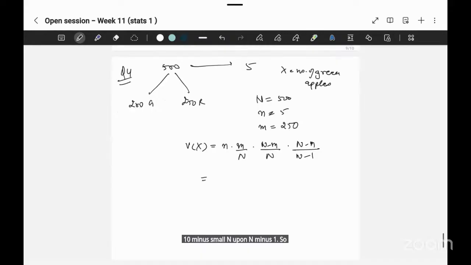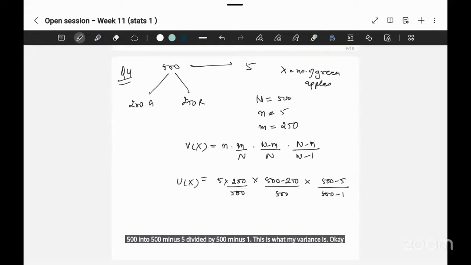So this will be 5 into 250 divided by 500 into 500 minus 250 divided by 500 into 500 minus 5 divided by 500 minus 1. This is what my variance is.